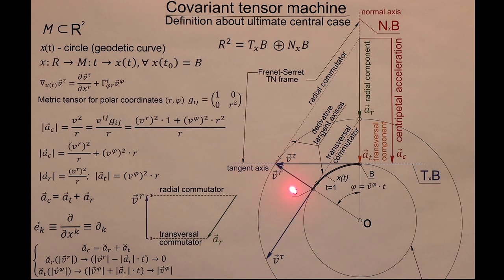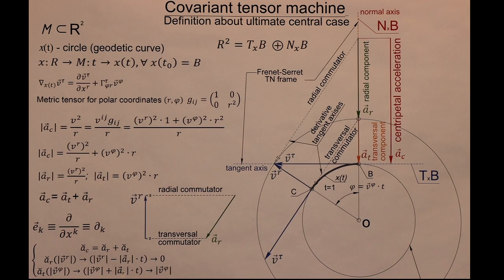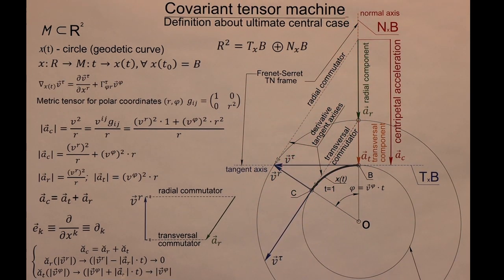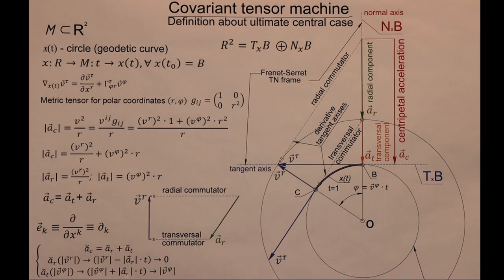Now it is necessary to draw the tangent lines from the end of the radial velocity vector. First line, second line. They go to the normal axis of the Frenet-Serret TN frame. The crossing points exactly define the vector of centripetal acceleration.